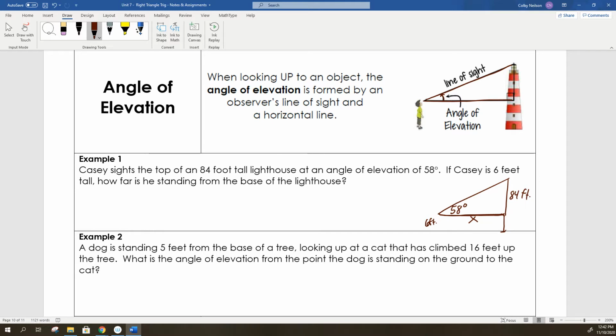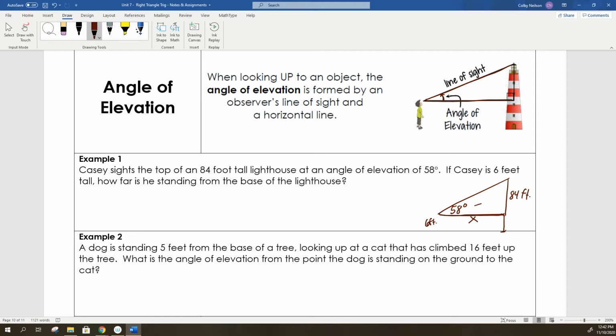Annalise, do you want to help us? Okay, well, maybe you will now. So from the 58-degree angle, what sides do we have?